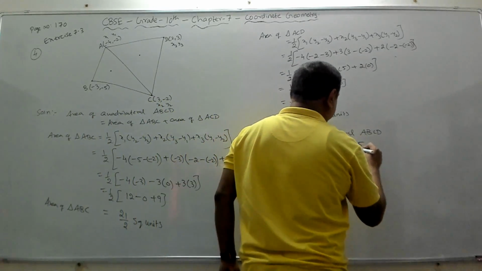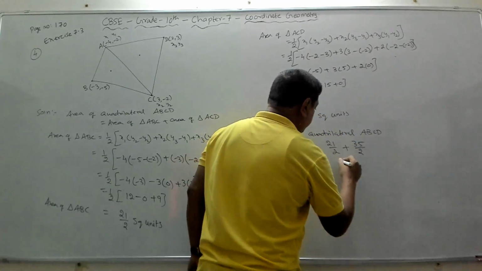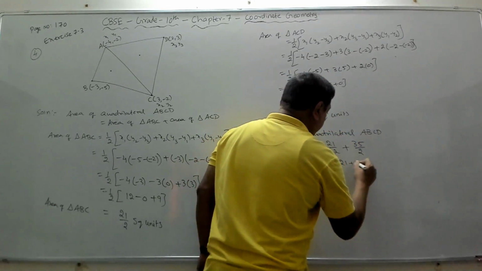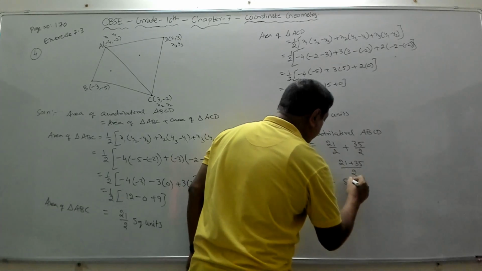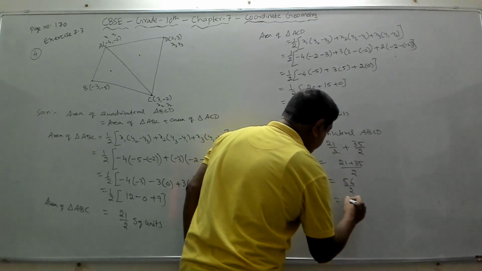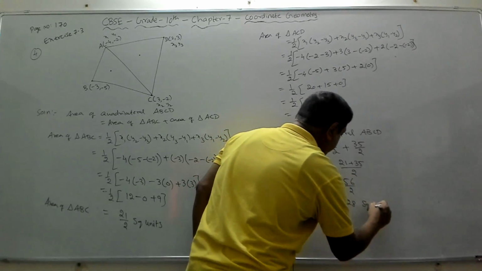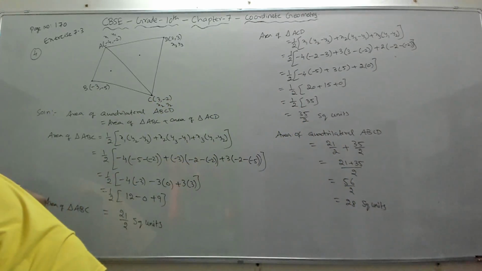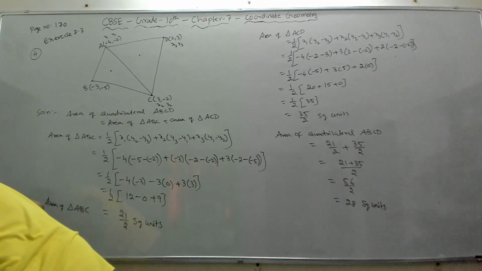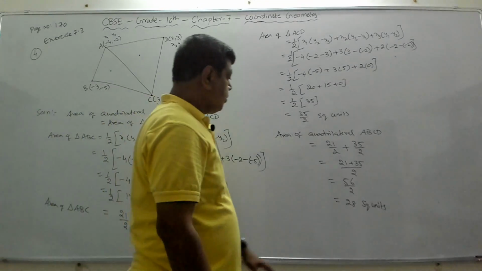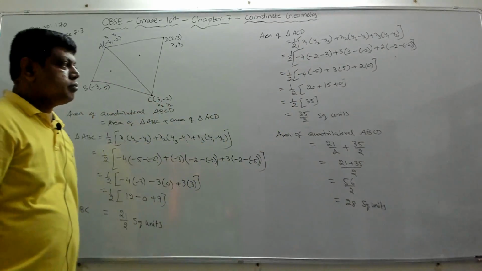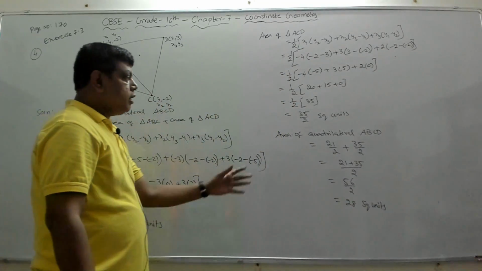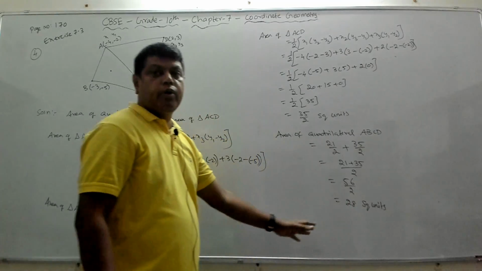So if you add them, 21 plus 35 by 2 is 56 by 2, which is 28 square units. That is the area of the quadrilateral ABCD. The area of the quadrilateral ABCD is 28 square units. This is the final answer.